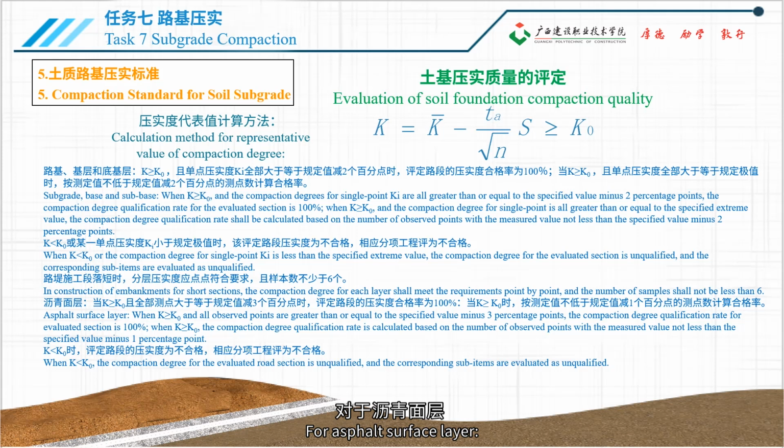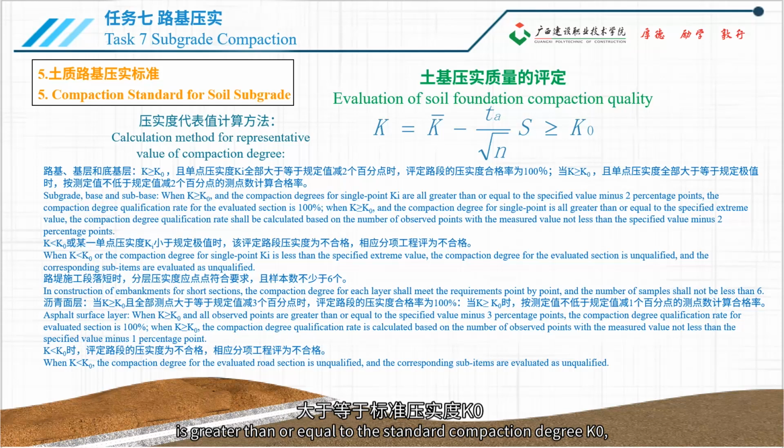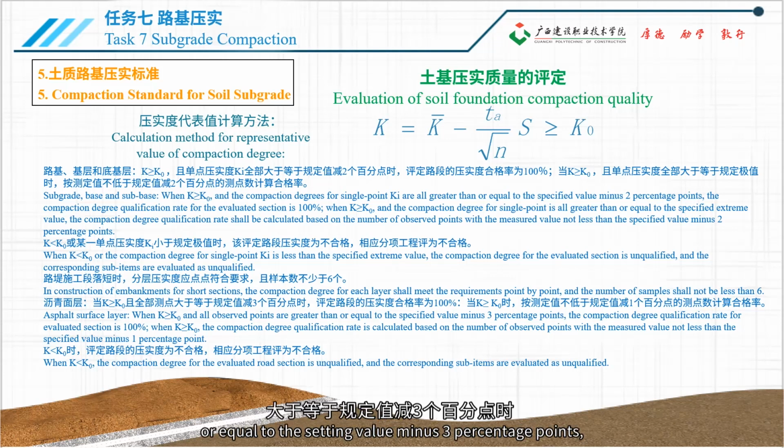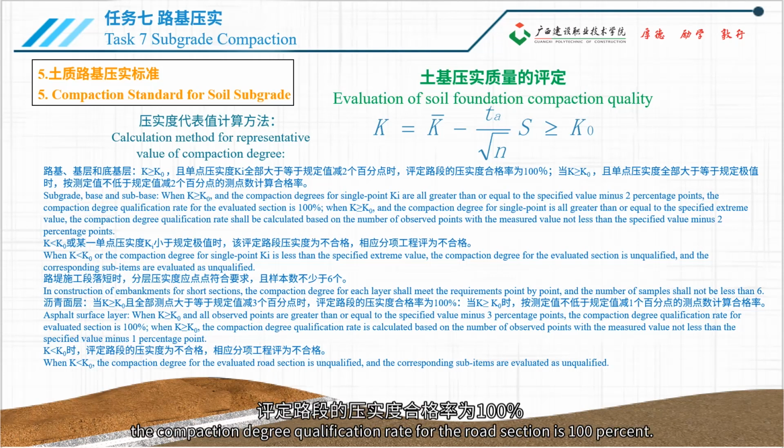For asphalt surface layer, when the representative value K is greater than or equal to the standard compaction degree K0, and all measurement points are greater than or equal to the setting value minus 3 percentage points, the compaction degree qualification rate for the road section is 100%.